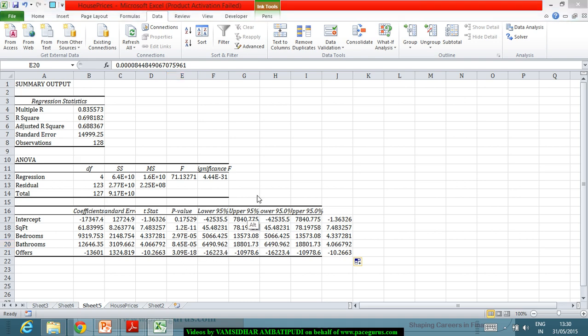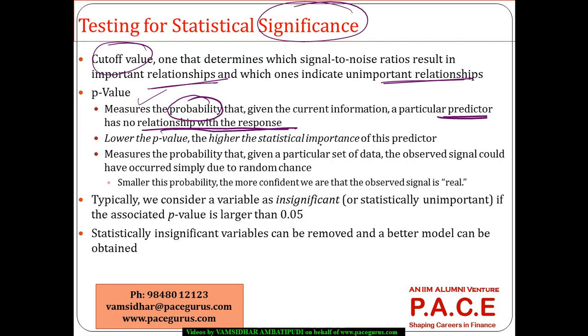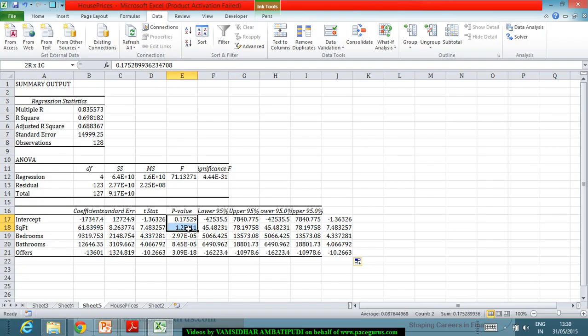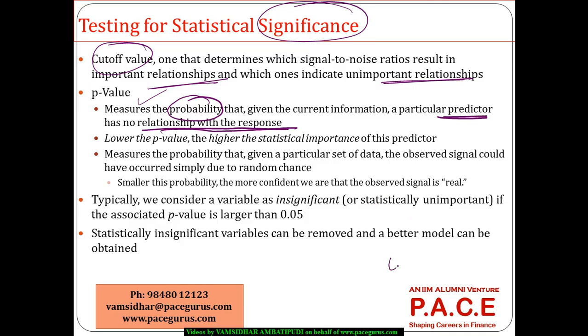Now here what we could see is that the p-value is the probability that the predictor variable we are using has no relationship with the response, which means the lower the p-value, the higher the statistical importance of the predictor, and the higher the p-value, the lower the importance. Typically the cutoff is 0.05, right?